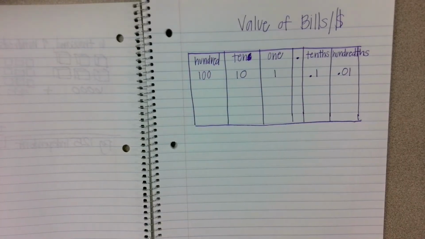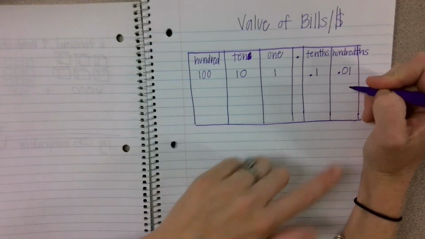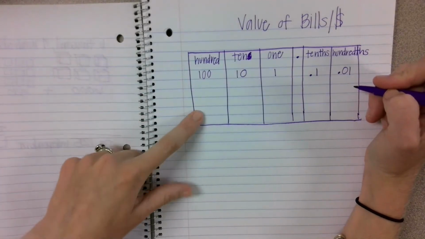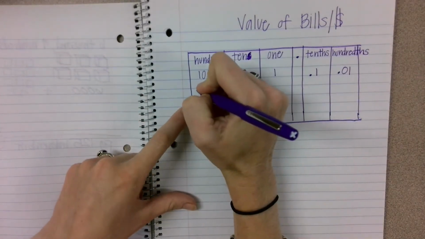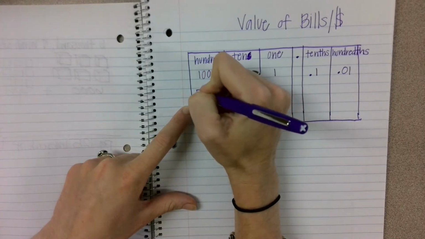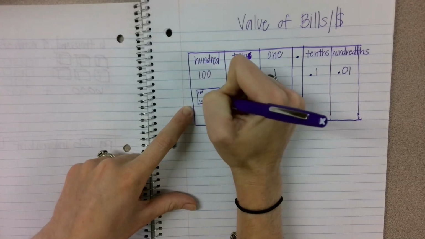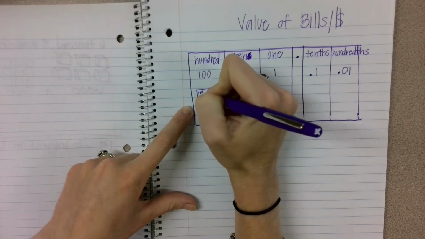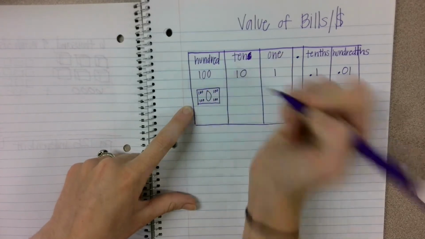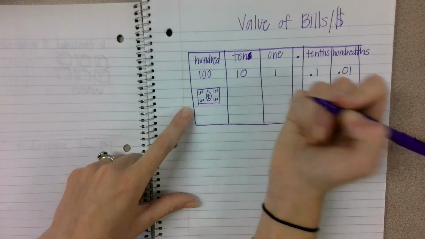Okay, now we're going to think, how could I model hundredths? Well, actually, let's go to the hundreds first. I would do a $100 bill. Put a little face on there if you want. I don't even know who's on the $100 bill. We should probably figure that out. Let me know.